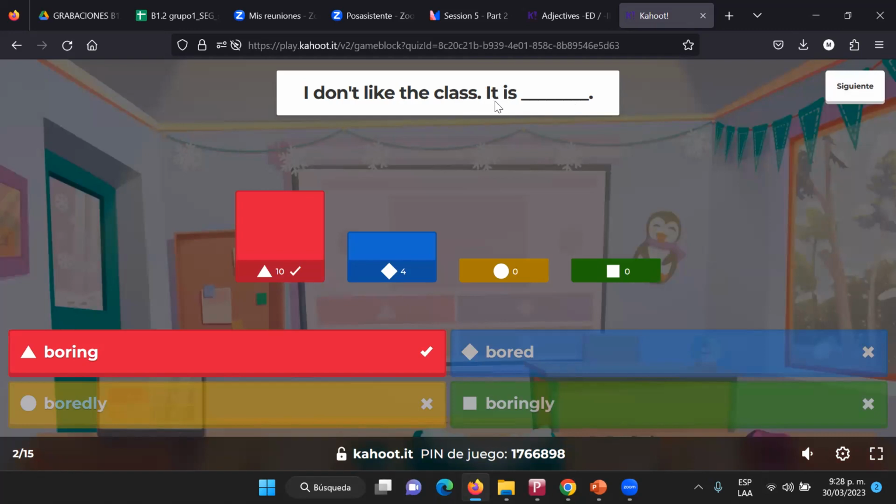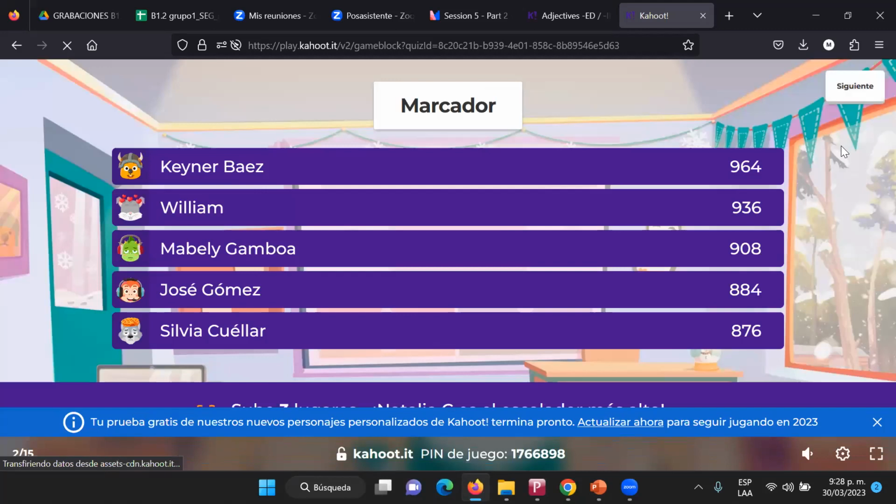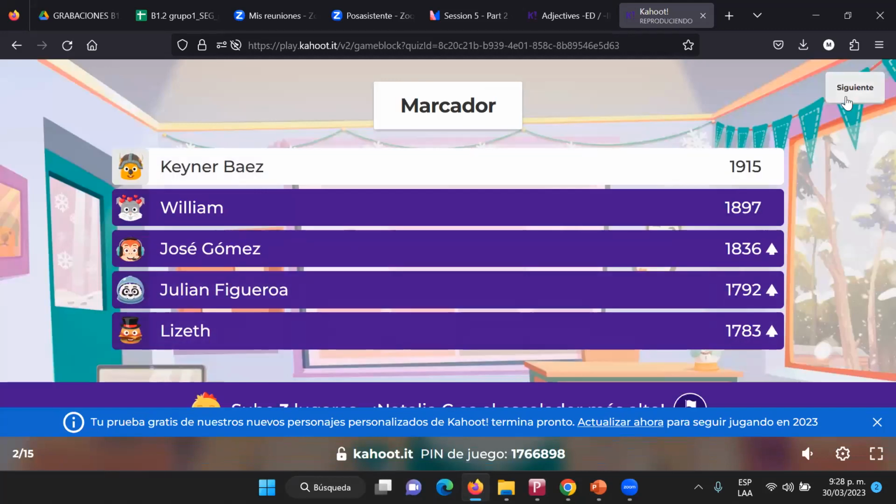It immediately means that we are talking about the ing version. Of course, unless we're talking about an animal. We already talked about living things. But if it is an object, or if it is not an animal, then it has to be described with an adjective that finishes with ing. There is no other possibility. Okay, Keiner is still on top.